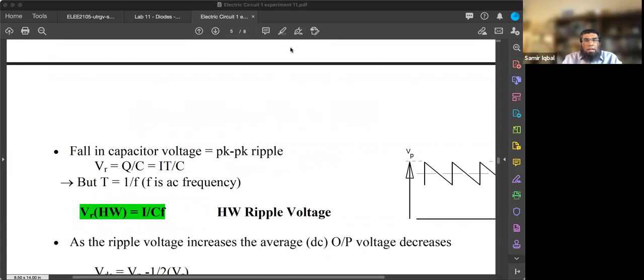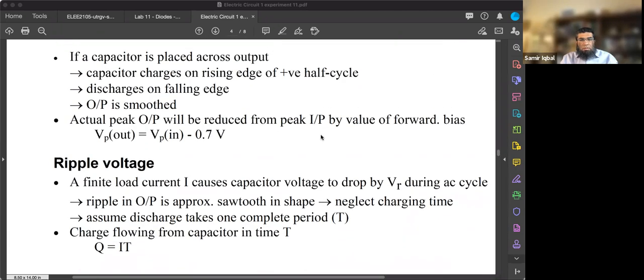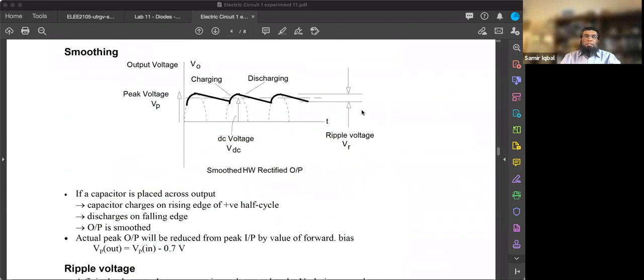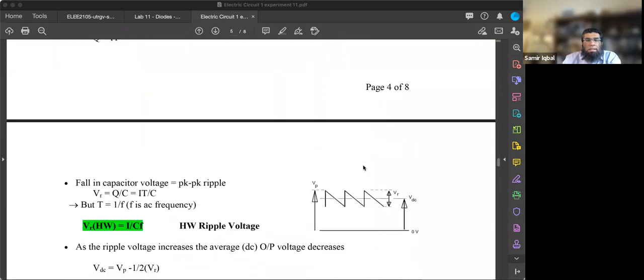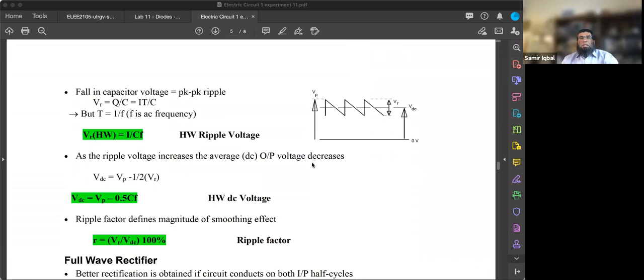This means that we can know exactly what the ripple voltage is, how much the difference is going to be on the output between the highest and the lowest value, just by knowing the frequency of the signal and the capacitance, right?